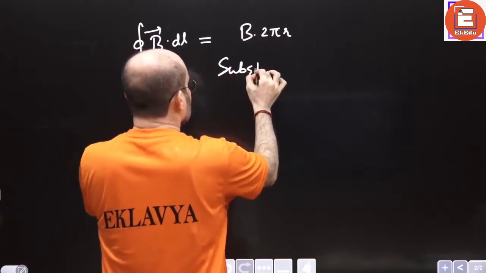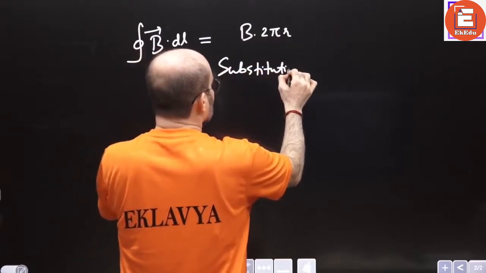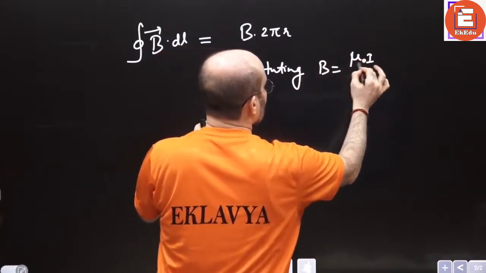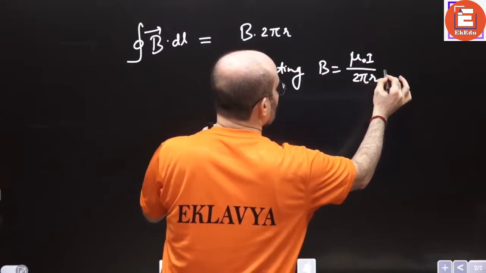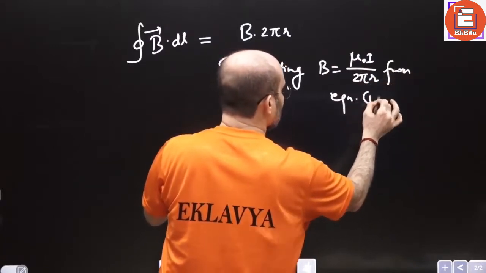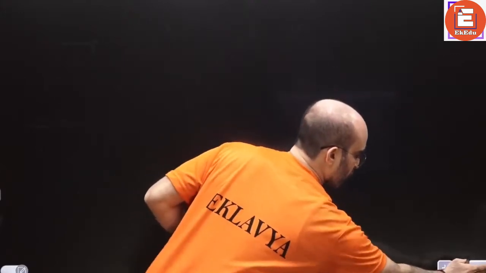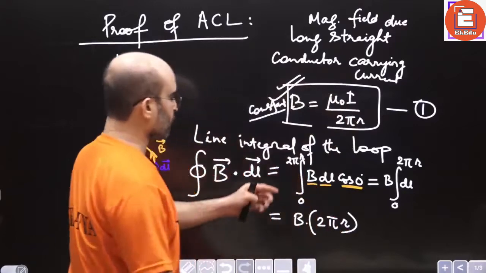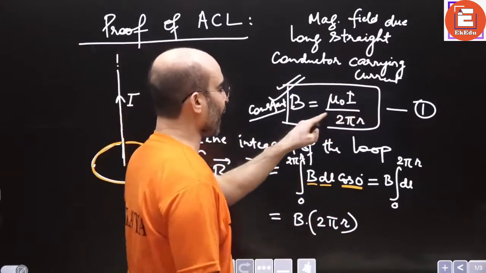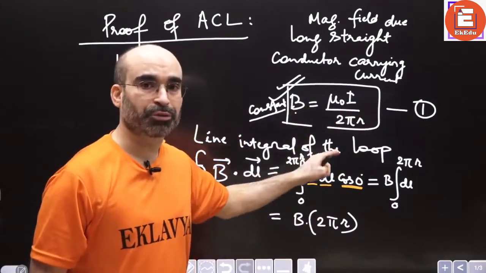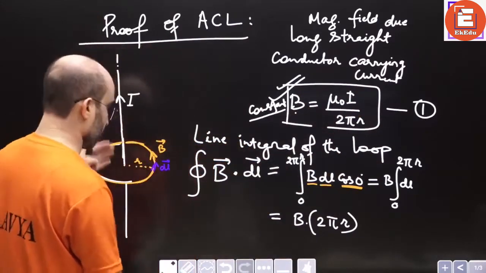Substituting B equals mu naught I by 2 pi r from equation 1. You can see this from equation 1. This was the magnetic field due to a straight long conductor we have taken.